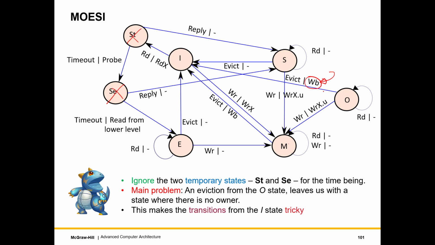The problem is that if we decide to evict from the O state, the first problem is we need to do a write back. Well, that's okay, that's not that bad. But the other is that this block will not have an owner. We might have multiple other caches that have it in the shared state, but none of them is the owner, because there used to be one owner, but we evicted the block, and so currently there are no owners.